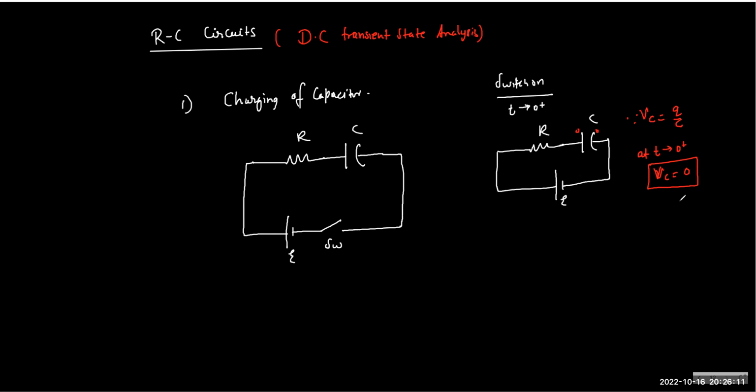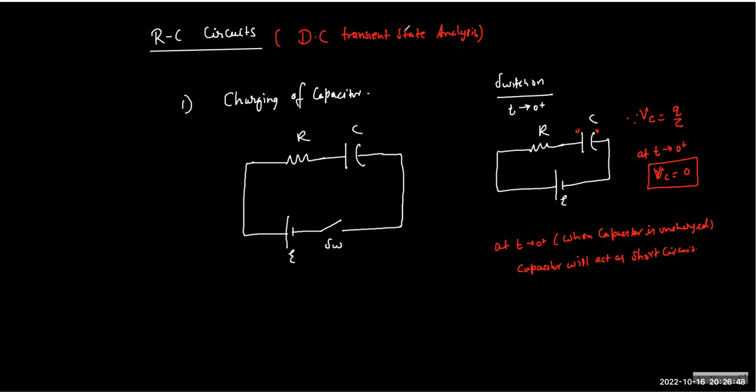So at t tends to 0 plus, when the capacitor is uncharged, the capacitor will act as a short circuit, which means you can replace it by a wire.